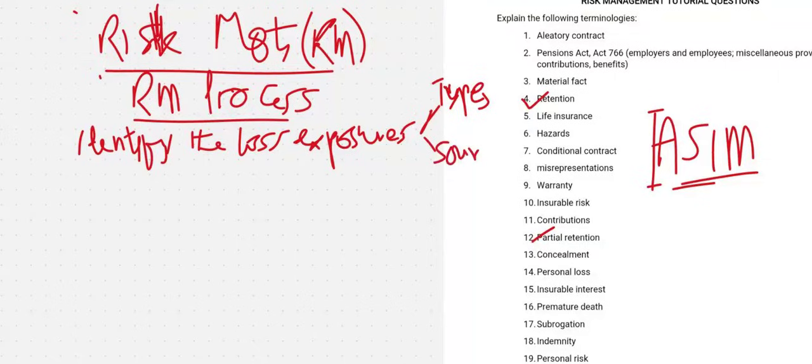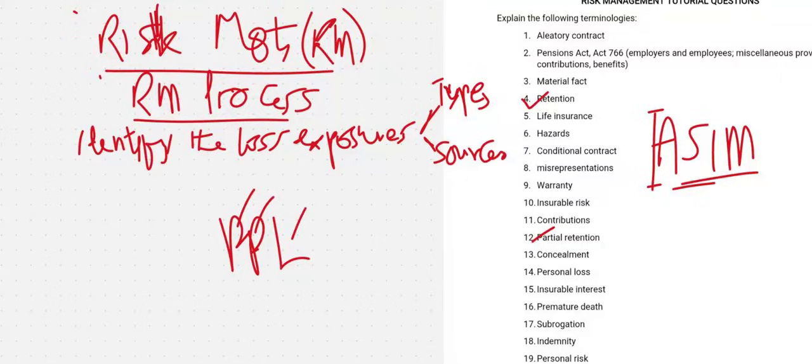Pay attention. The sources of the loss exposures. So what are the types we talk about? Remember, yesterday we talked about pure risk, and for pure risk we use the acronym PEOPLE. So the types of loss exposure could be personal loss exposures, property loss exposures, and liability loss exposures.